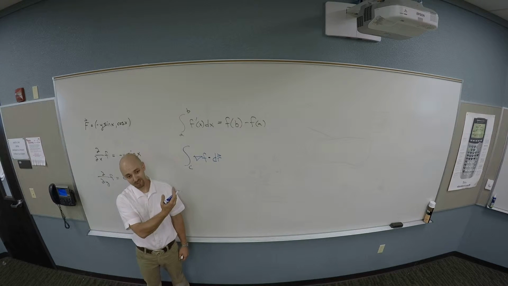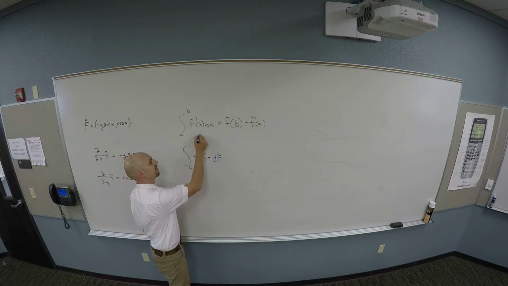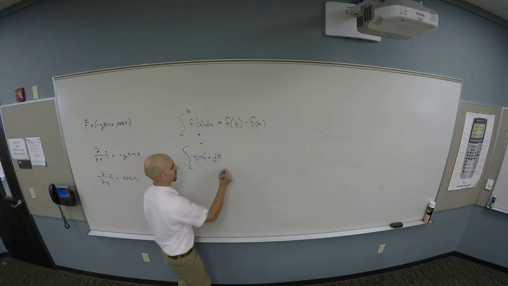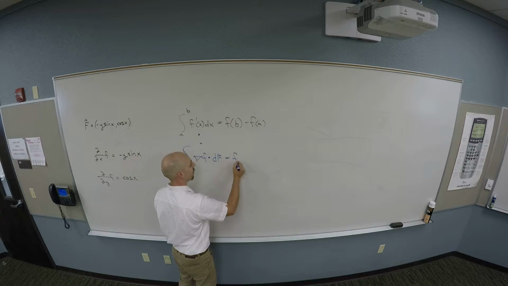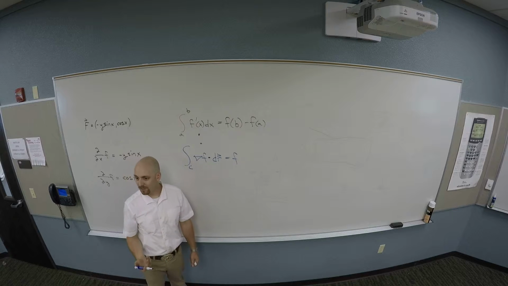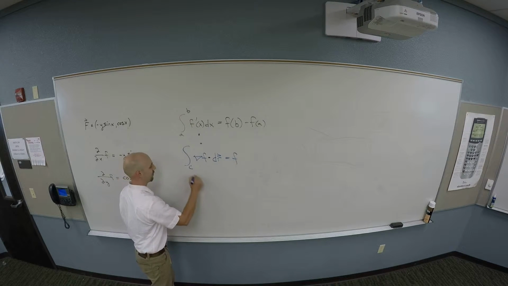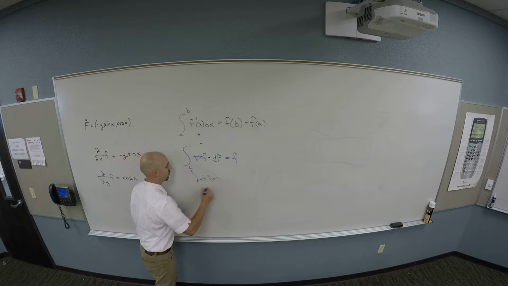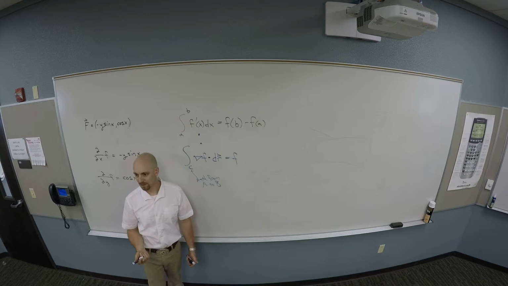Well, Calc 1 would kind of suggest that if you're integrating the derivative of something, you ought to get the something. So you get what? Well, I don't really have ends for c. So if c is a path from a point A to a point B, then what do you expect to get?